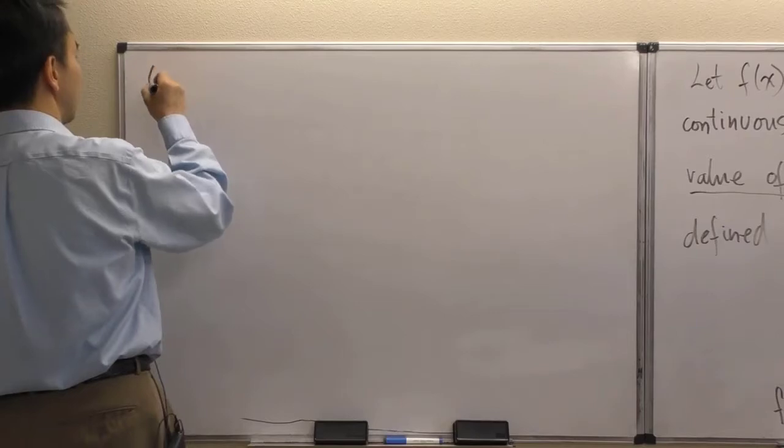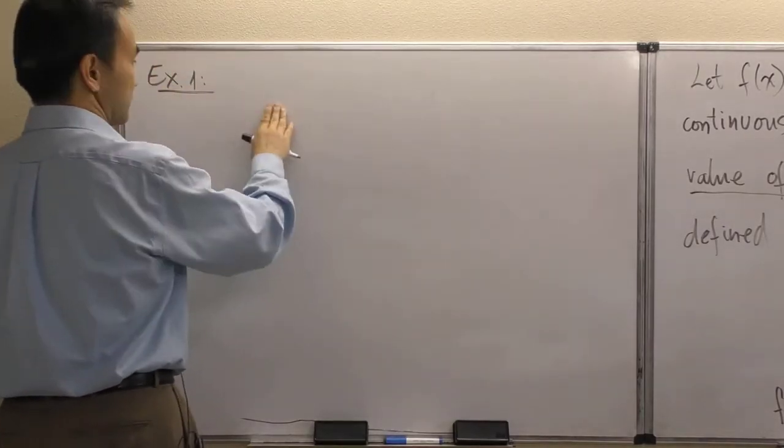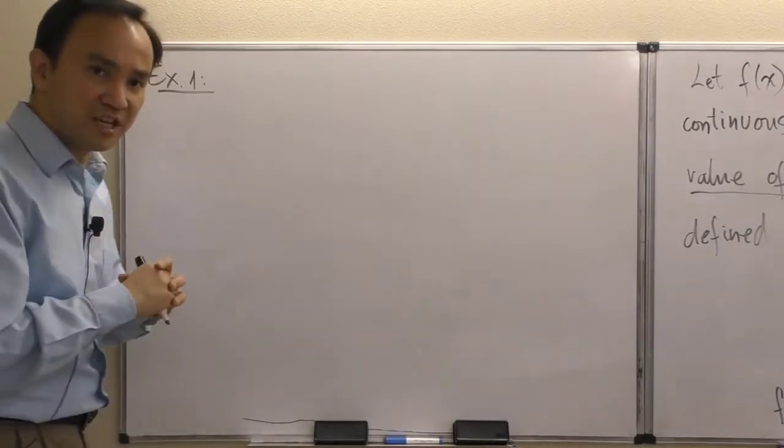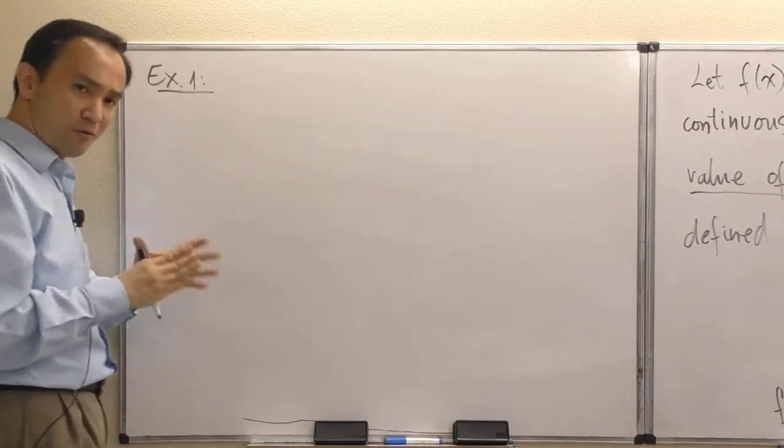All right, so let's now call that example 1 right here. I think we don't need part A, part B, and part C for this particular example. One problem here stands on its own.